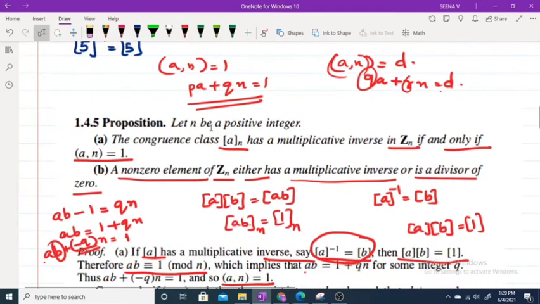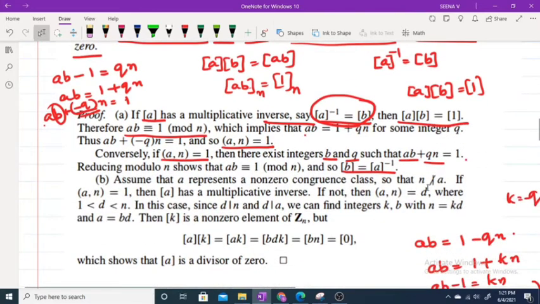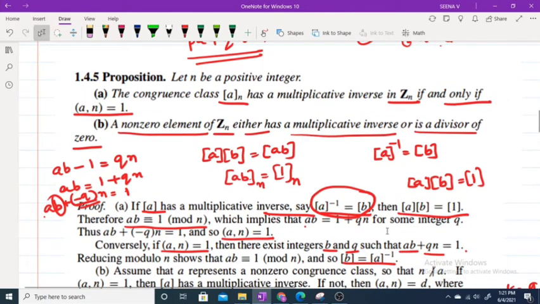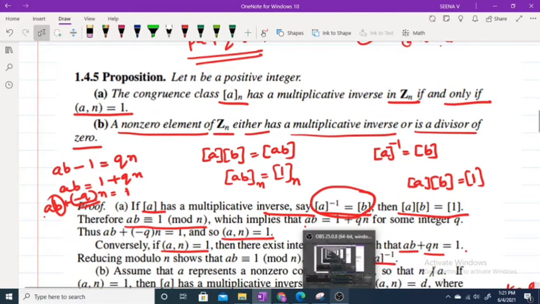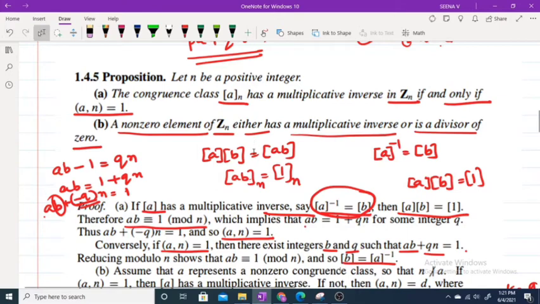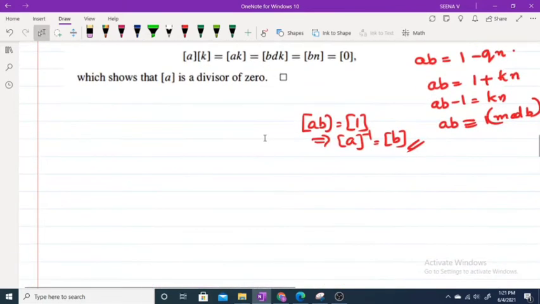Now what do we have to prove next? We have to prove that a non-zero element of Zn either has a multiplicative inverse or is a divisor of 0. So that is what we have to prove. If it is relatively prime, then clearly it has a multiplicative inverse. There may be two cases. What is actually Zn?